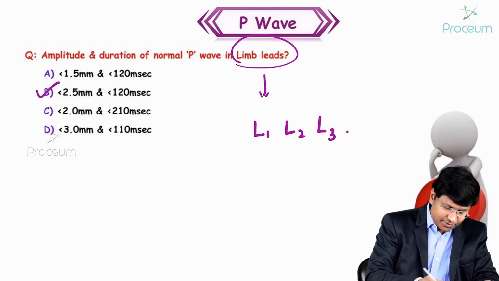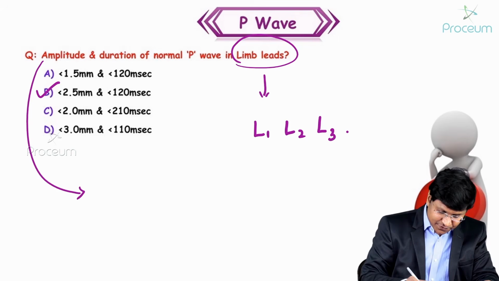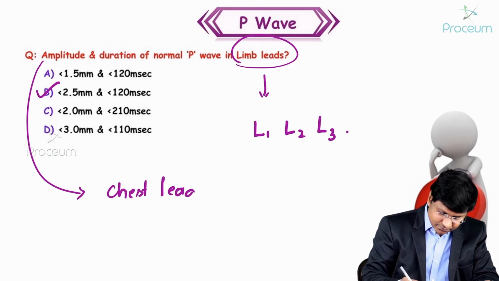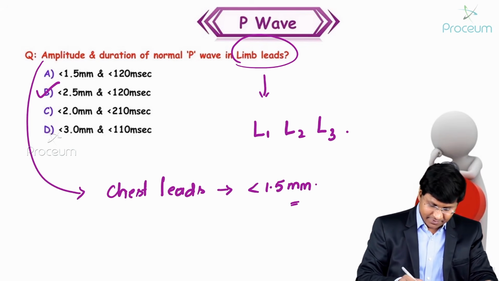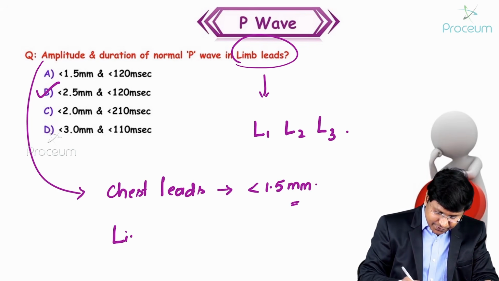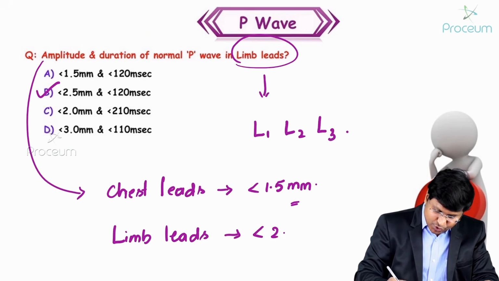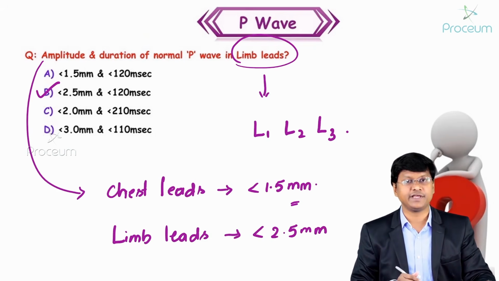The amplitude in the chest leads is less than 1.5 mm, whereas the amplitude in the limb leads is less than 2.5 mm.